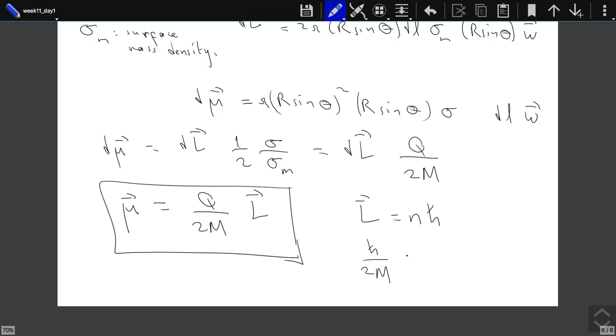And this h bar over 2m is called the Bohr magneton. It's the unit of the quantum of magnetic dipole moment for an electron orbiting the nuclei. Or in fact, for a given particle, it can have an arbitrary m, it's the quantum of the magnetic dipole moment. Well, let's see, this is the z component.